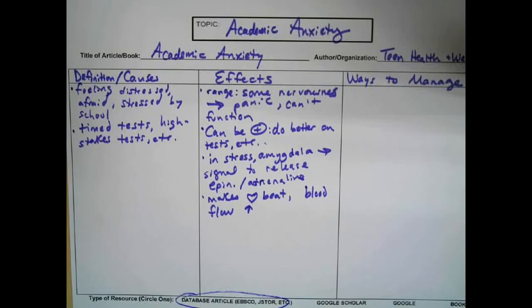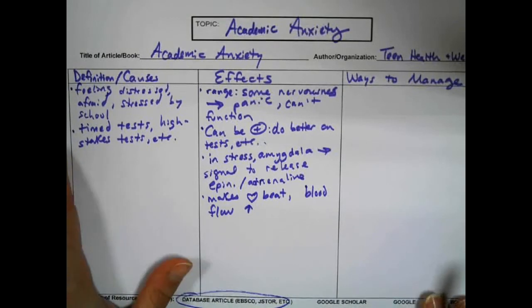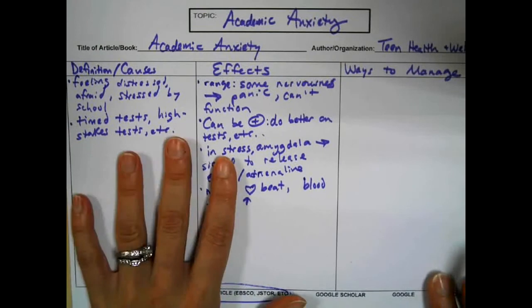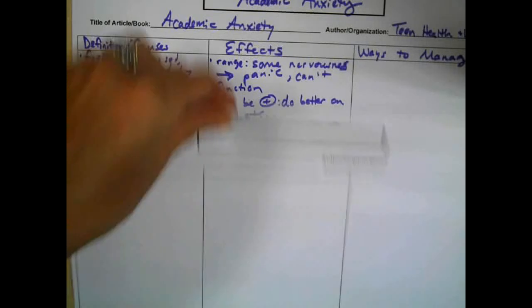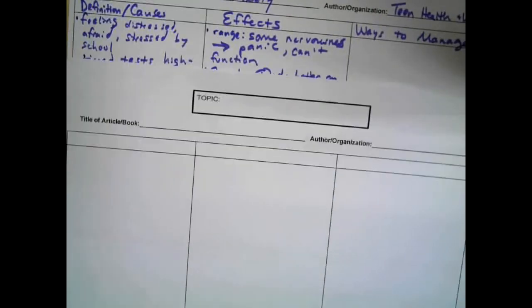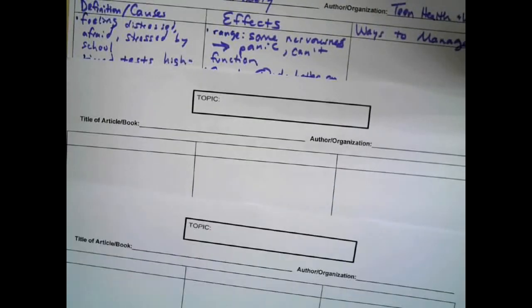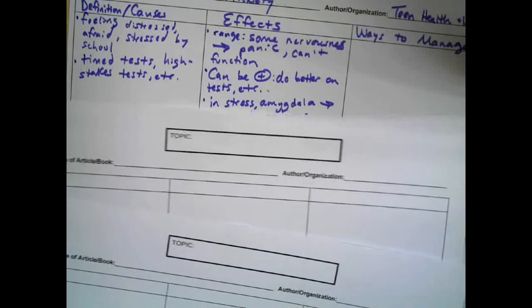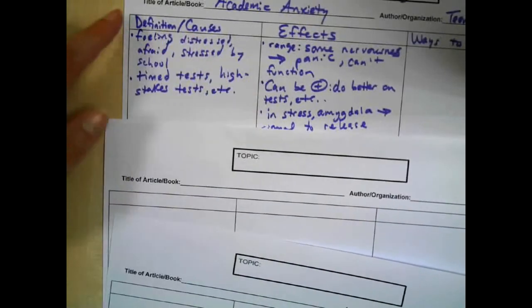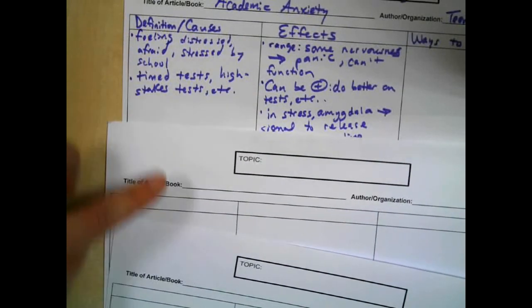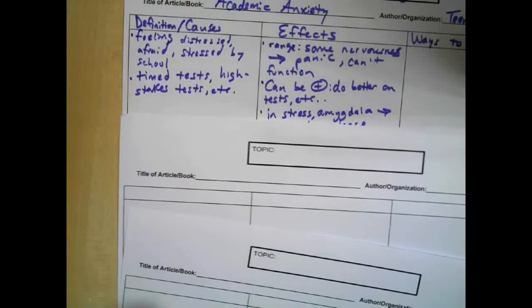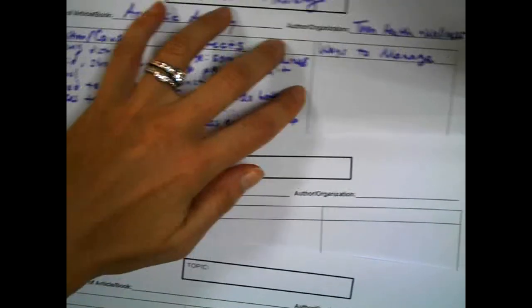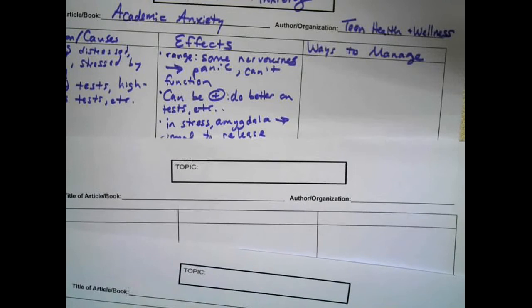And then also, let's say I've done 10 sources and I've got 10 of these. I can just lay them out just like this. So I've got more. And when I actually go to start planning my paper or my project, I can look and see all of my definition and cause information is in the left column, all of my effects information is in the middle column, and all of my ways to manage information is in the right column.